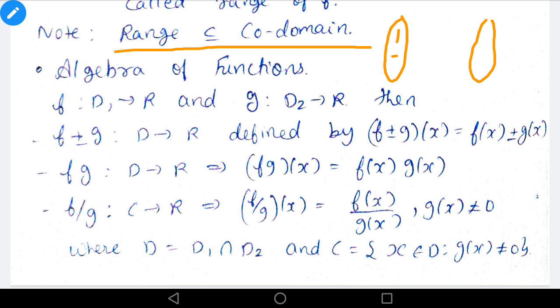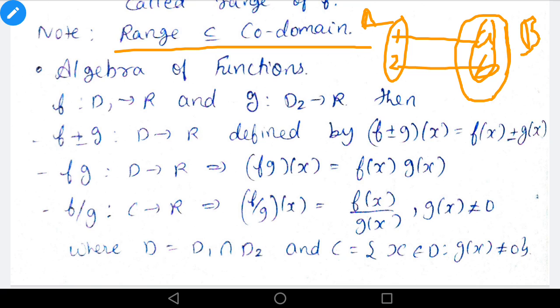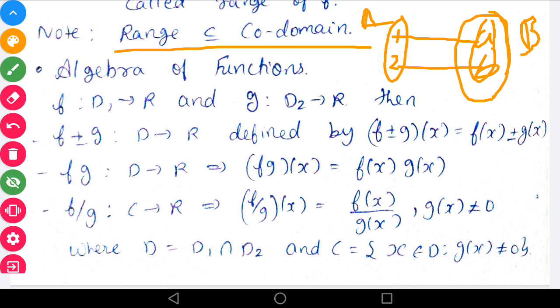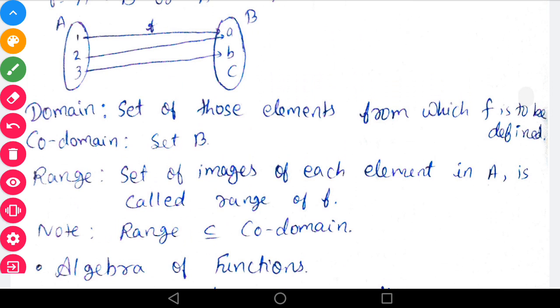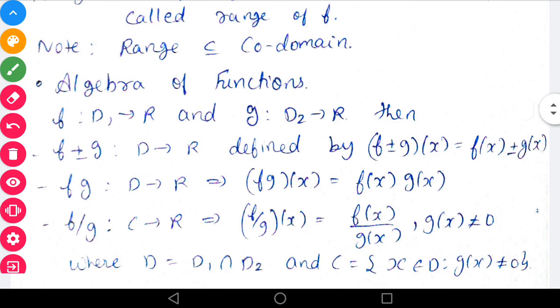If it is 1, 2 and here I write A and B, this is set A, this is set B. If the relation is like this, here codomain and range are equal, because the images are A and B and codomain includes only two elements A and B. So here we can write range is equal to codomain, and in the above example range was a subset of codomain.